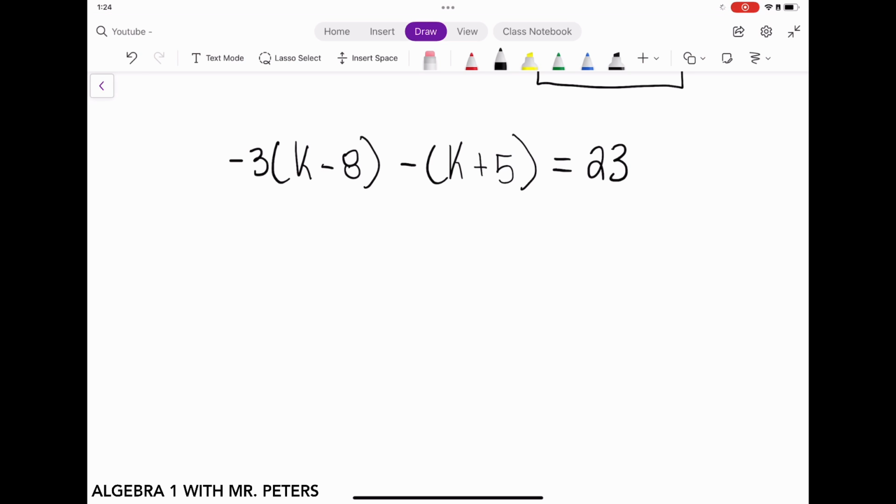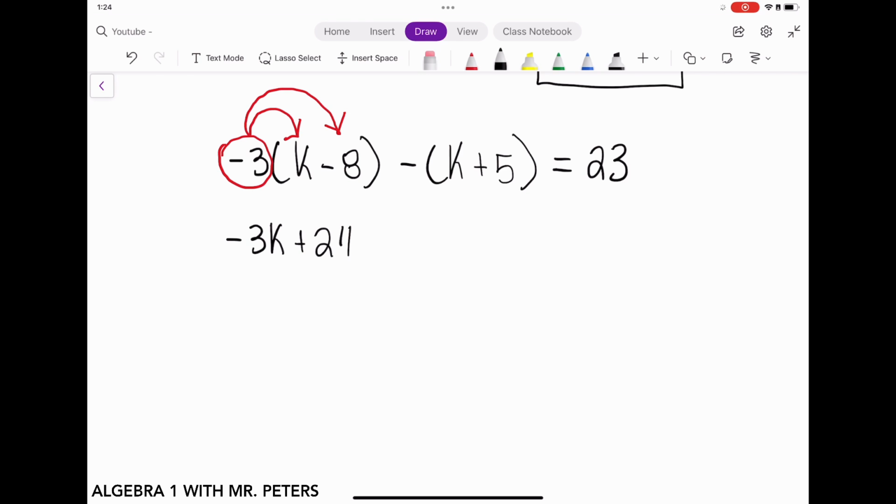When I look at the first set of parentheses, I'm going to multiply -3 by k, and then I also want to multiply negative 3 by negative 8. When I do that, I'm going to get negative 3k plus 24. So that's the first part of distributing.